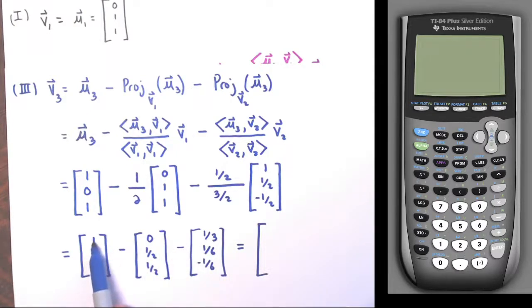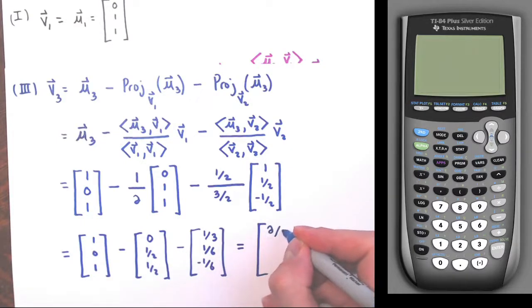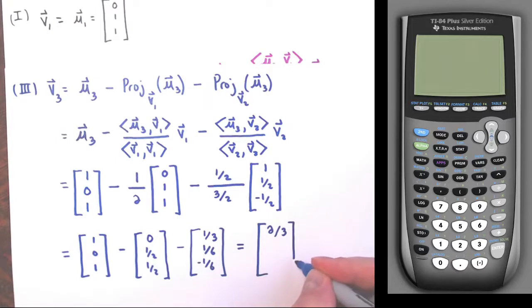That's 3/3 minus 1/3, which is 2/3. Second component, 0 minus 1/2 minus 1/6. Well, 1/2 is 3/6, so negative 3/6 minus 1/6 would be negative 4/6, which reduces to negative 2/3.